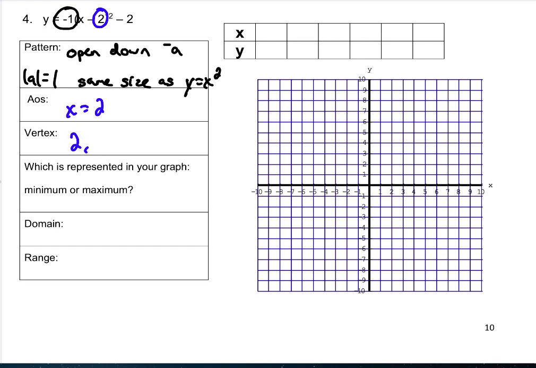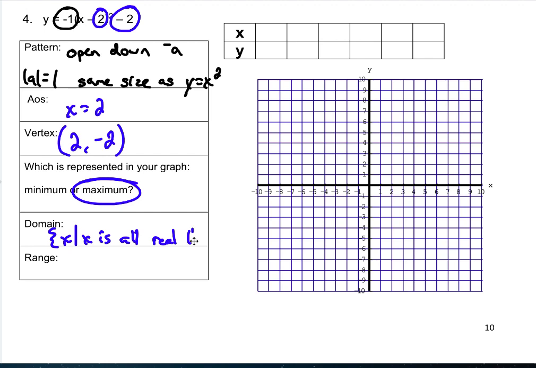My vertex is 2, -2, because my k value is -2. Okay, since it's opening down, I'm going to have another maximum. My domain is always x such that x is all real numbers, and y such that y is less than or equal to -2, because it's all headed down from there.